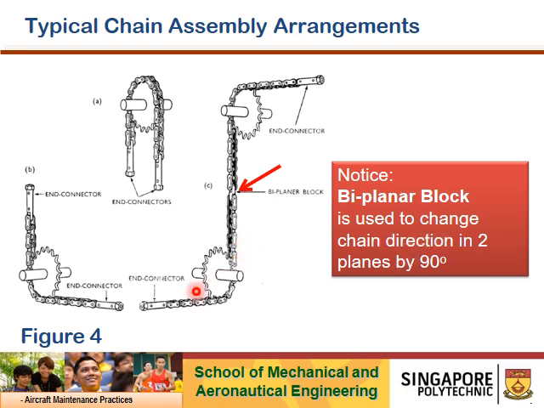You realize that through the connection here, and by using the biplanar block, my chain direction will be twisted, and that allows me to change my chain direction to another axis. All right, you can look at here. Okay, it's entirely different. So the biplanar block allows you to change the chain direction by 90 degrees.